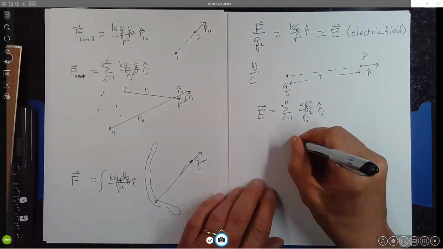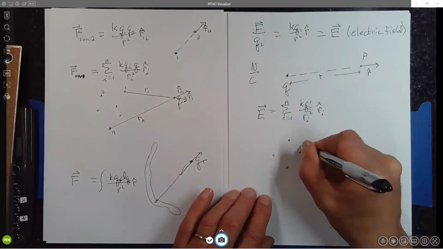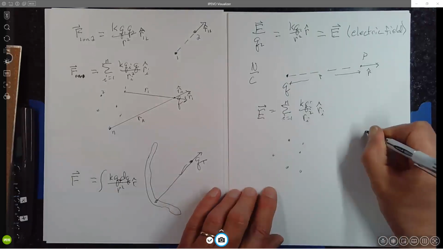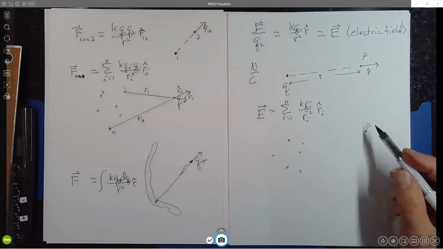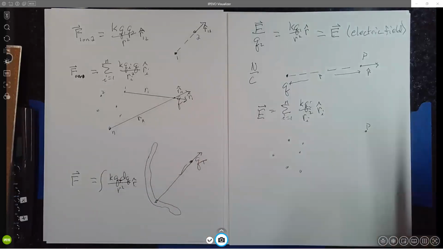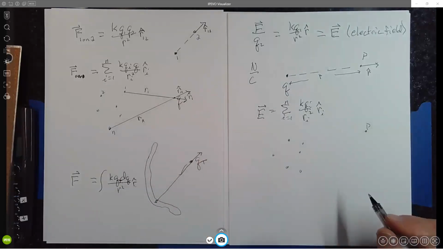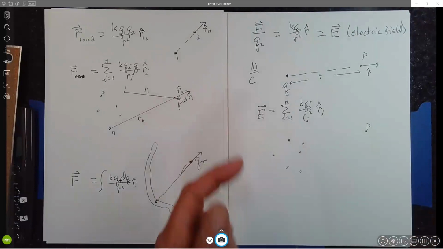So we'd have something here. Here's our scattering of charges, and out here is our field point. We don't have to put a charge there anymore. Once we calculate the field, we could stick a charge there, and then the force on that thing is going to equal that amount of charge times E.